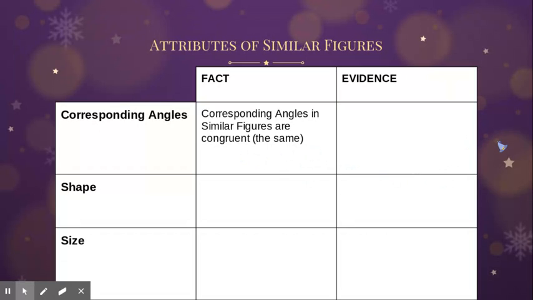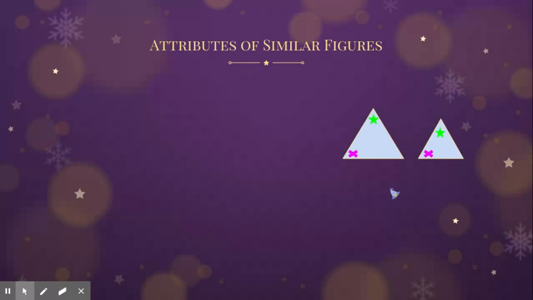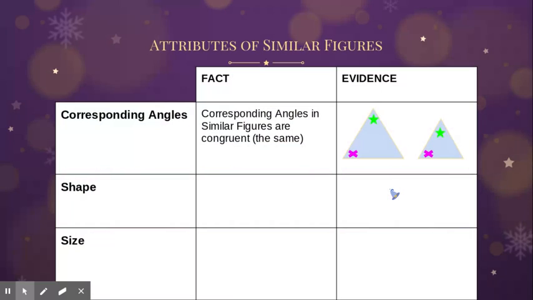Okay, so if I have an angle that is 30, the corresponding angle, the angle that's in the same position on the shape for the similar figure, that means that's 30 as well. Okay, so the angles are congruent. So if I look at my evidence here, these triangles are similar.